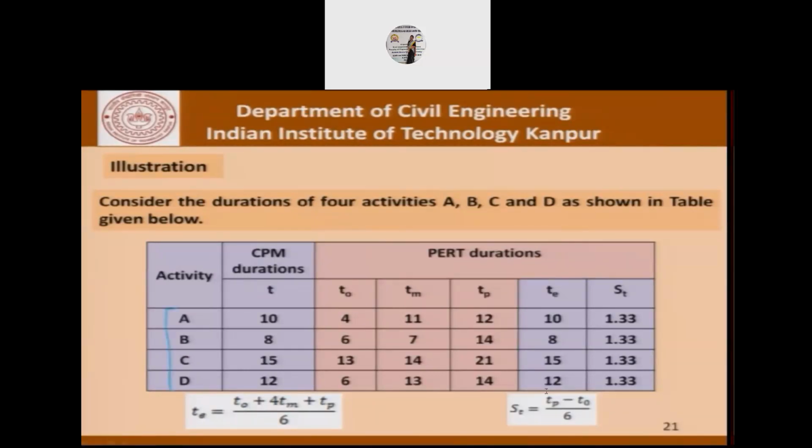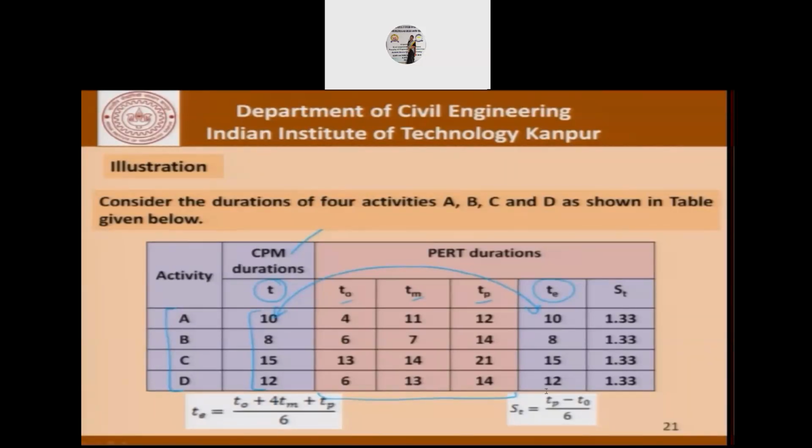Let's talk of 4 activities A, B, C, and D, and if these were the times that we used in a CPM calculation, that is the firm times. Now, this part of the table gives you the TO, TP, and the TM for these activities, and the way these TO, TP, and TM have been chosen is to ensure that the time in CPM and the expected time of the activity are taken to be the same.